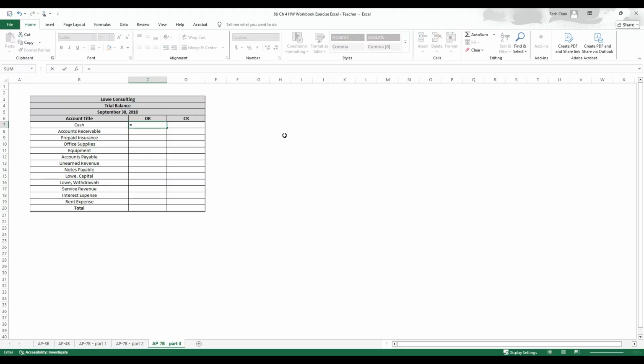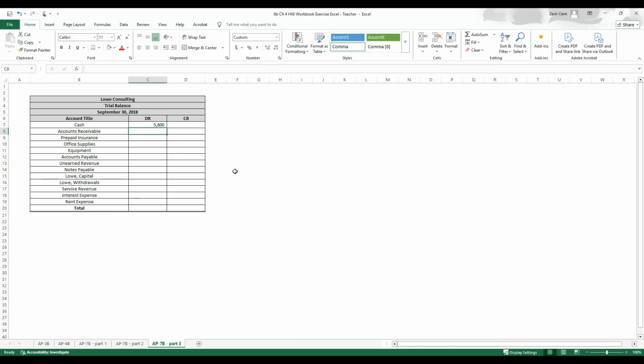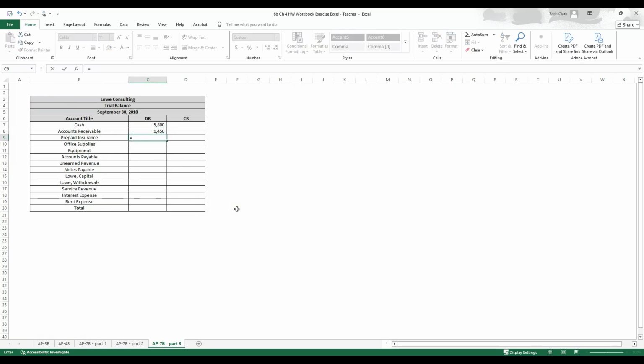And so really with the trial balance, all we're doing is just pulling in the ending balances here. And this is going to tell us whether we balance. So technically this would be the point at which I would have caught my error, or at least the error would have become apparent where I didn't put in the withdrawals. I put the cash but not the withdrawals part into the ledger at first.